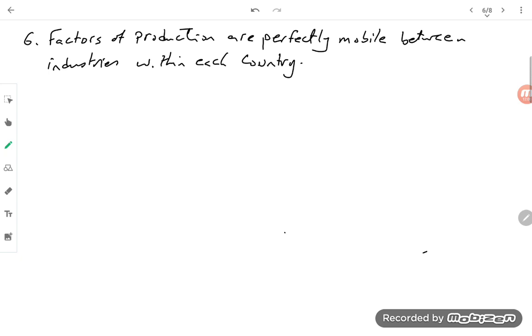This means that resources earn the same payment, the same return in both industries within the country. So the workers have no advantage in order to work in soybeans and leave the textile industry and vice versa, as earning is the same.